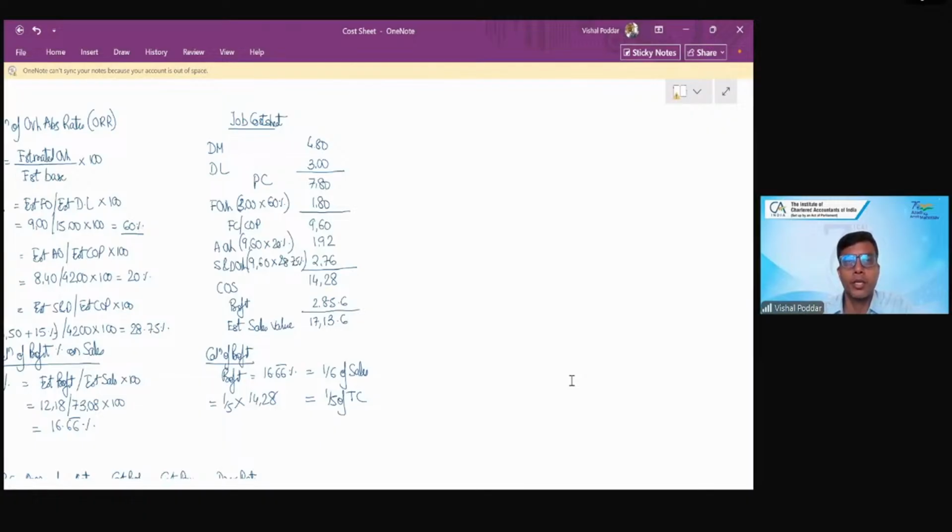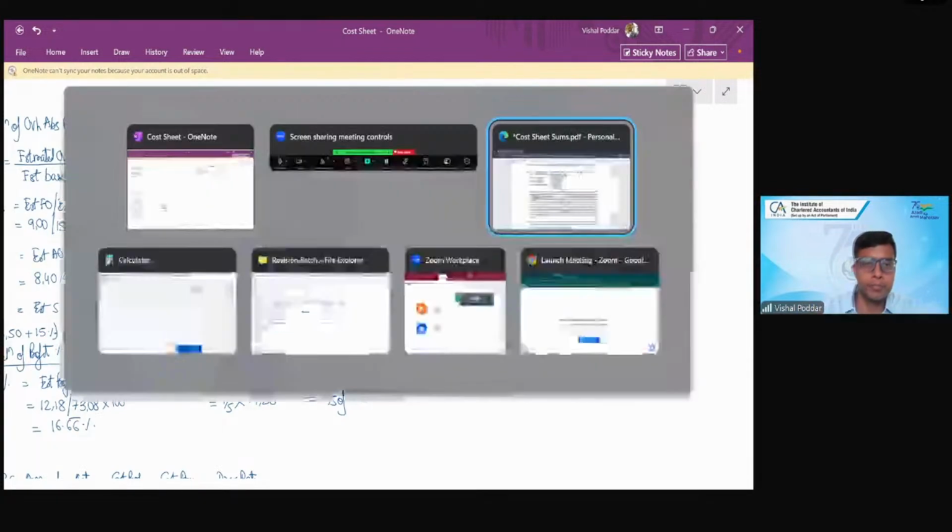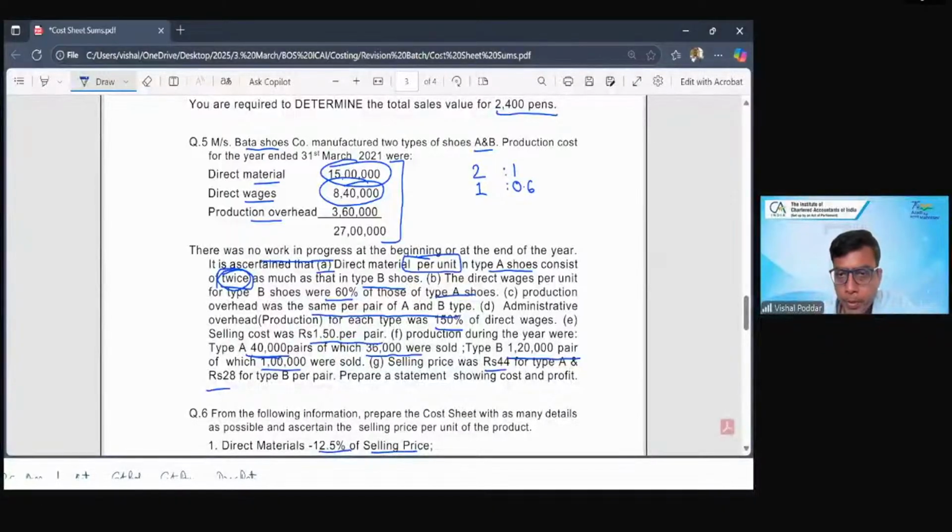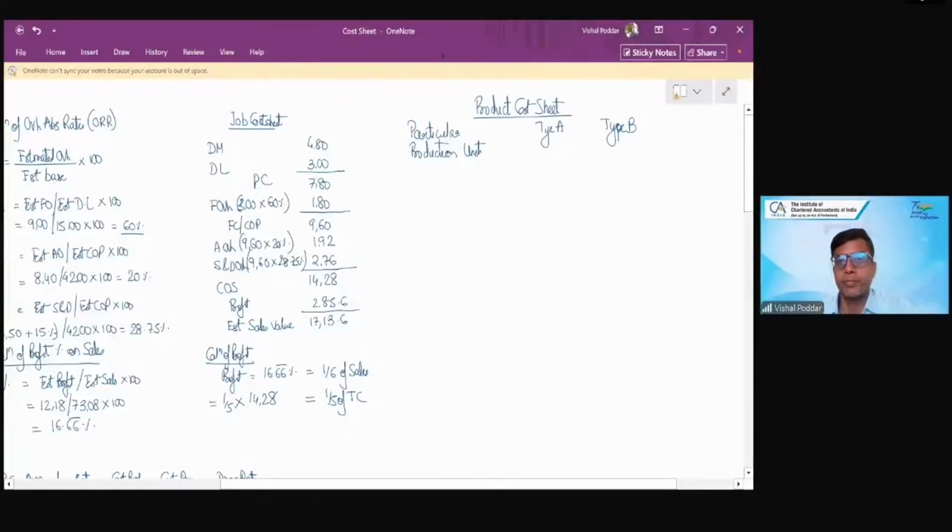So now this is the case of a product cost sheet. Particulars: type A, type B. We have production units of both: of A it is 40,000 pairs, of B it is 120,000 pairs.